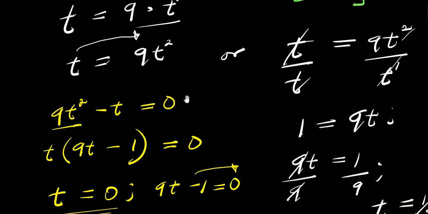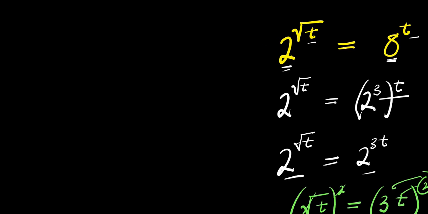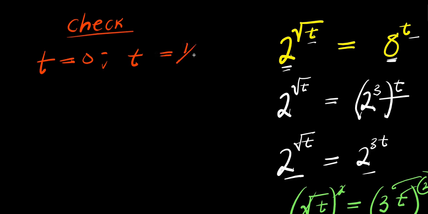Now, what I can do again will be to insert these values for t. Let's check. We have t equals 0, and we also have t equals 1/9. We are going to insert each of these values for t. So let's start when t equals 0. I have 2 power square root of t equals 8 power t, and t is 0.